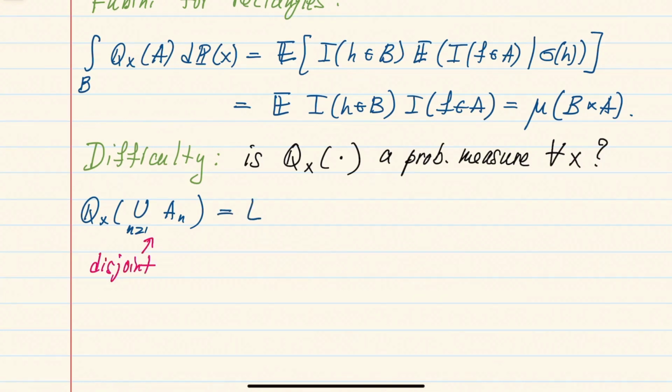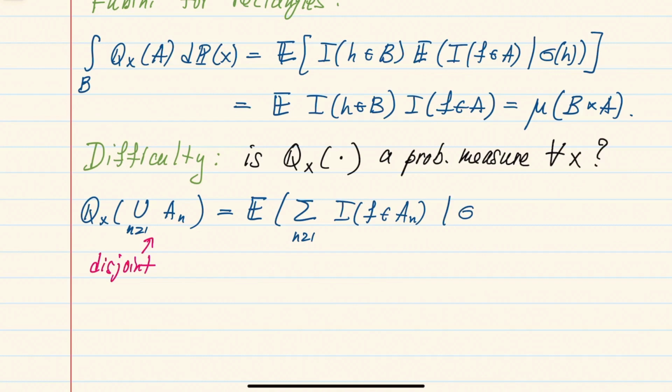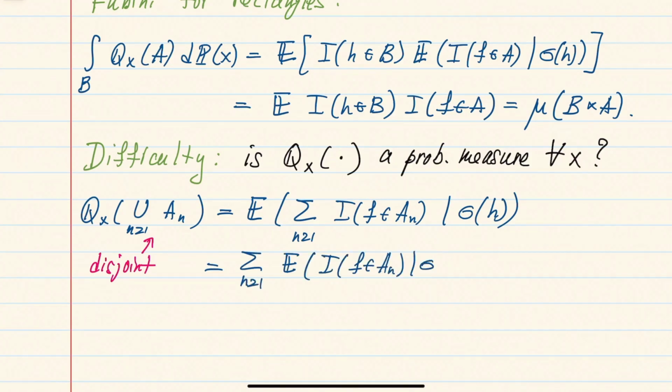Now, by the definition, we define this as conditional expectation of this indicator of this disjoint union, which is of course, because these sets are disjoint, just a sum of indicators of these sets, and we take conditional expectation given the first coordinate, which we denoted by H. Now, by the properties of conditional expectation, of course, this will be equal to the sum of conditional expectations, which again, if for each of these sets we define this conditional expectation as this transition kernel Qx of An, then it looks like we get the countable additivity that we want for probability measure.